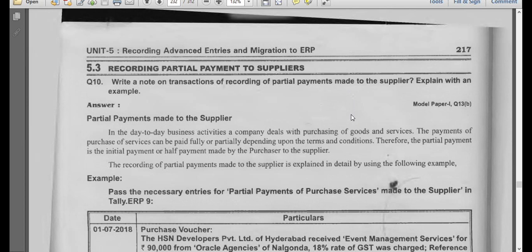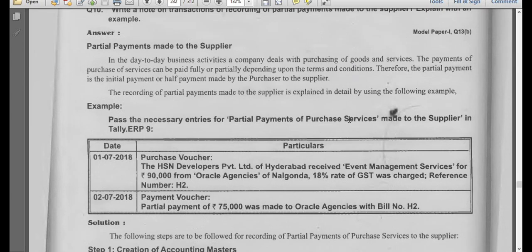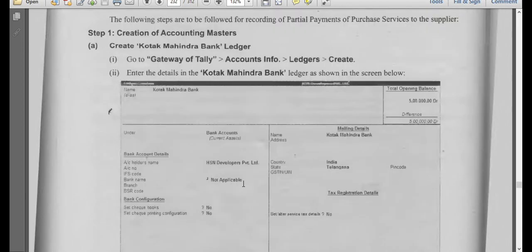Regarding partial payment to suppliers, I didn't do complete payment, I did only partial payment of that amount. So how to go with this? Here HSN Private Developers Private Limited received event management services for 90,000 from Oracle Agencies, and they paid 75,000. So the total amount is 90,000, but they paid 75,000. The remaining they will pay later.